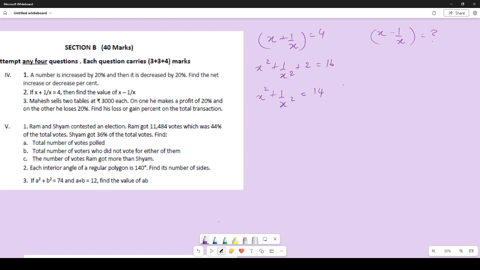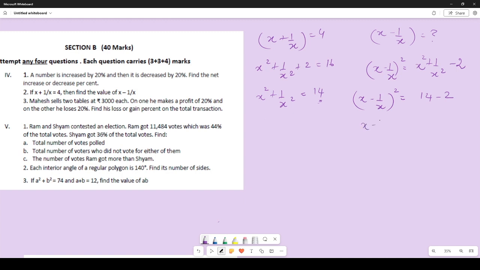Now same way, when you square this, (x minus 1 by x) whole square is equal to x square plus 1 by x square minus 2. So what do we get over here? (x minus 1 by x) whole square is equal to, now we know what the value of x square plus 1 by x square is, so we put it over here, minus 2.